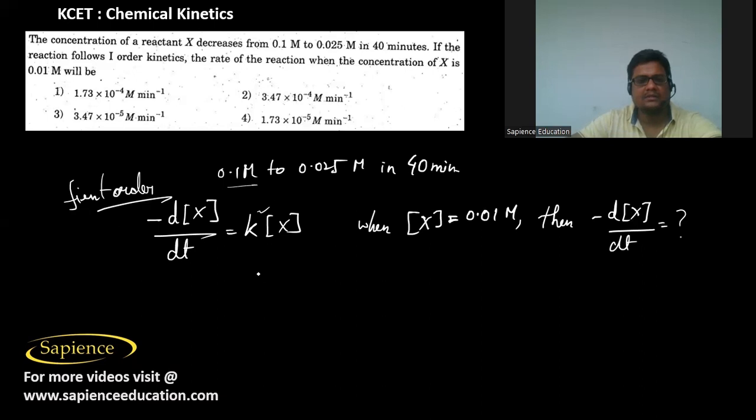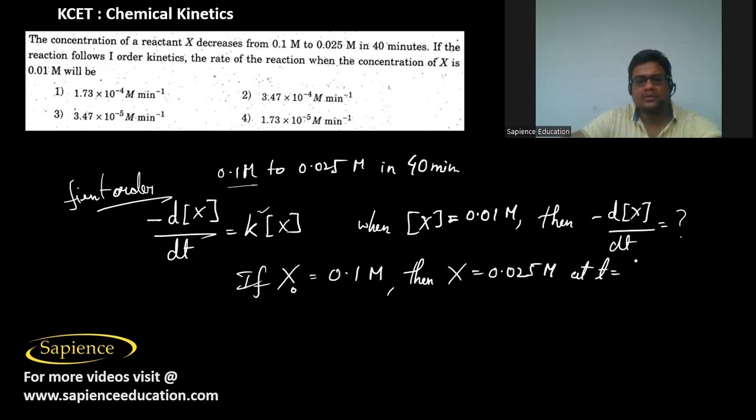Now it is told that if X naught, the initial concentration of X, is 0.1 molar, then the concentration of X is 0.025 molar at t equals 40 minutes. Then we can find the value of k. Since it follows first order kinetics, X equals X naught e power minus kt.